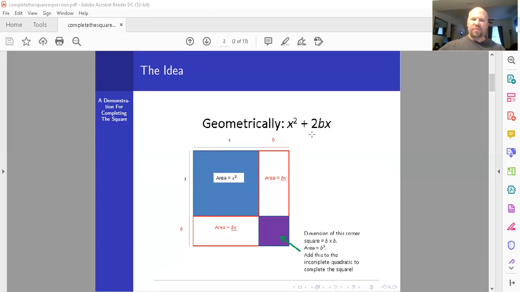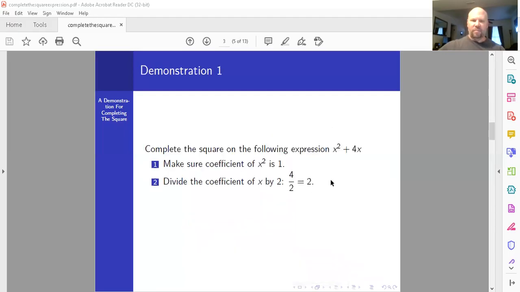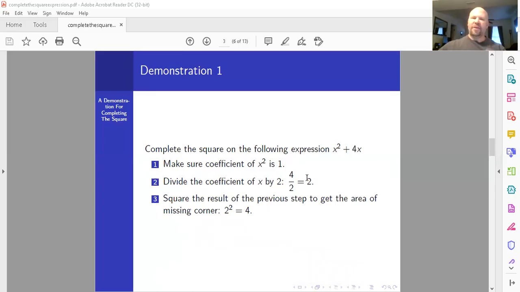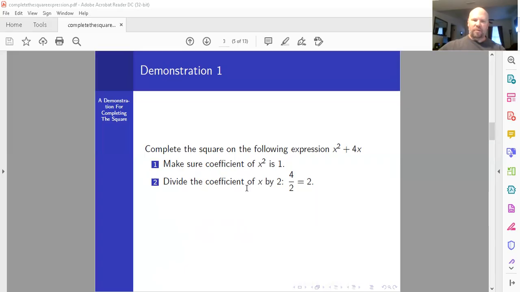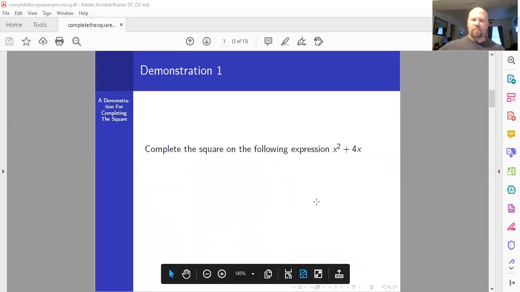So 2 times 2 is 4, so b has to be 2, and the area of each of those has to be 2 times x, and that's where you get x squared plus 4x, 2x here and 2x here. Okay. Our third step is to square the result of the previous step. And remember, that gives us the area of that purple square. So if you come back to, we're looking for this purple square's area, 2 times 2 in this case, and we get 4.